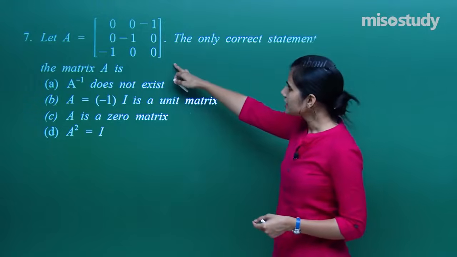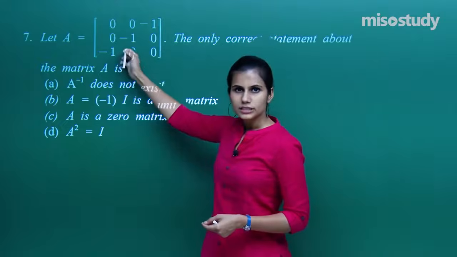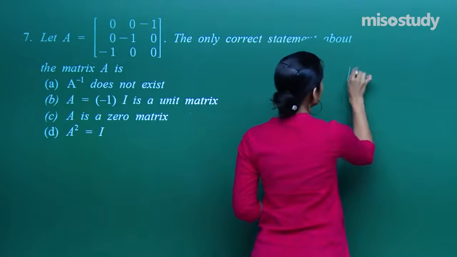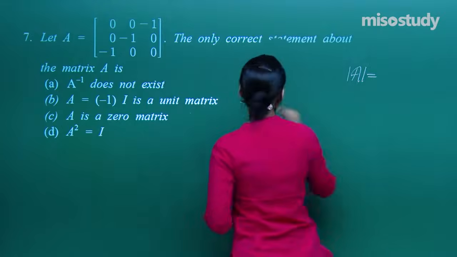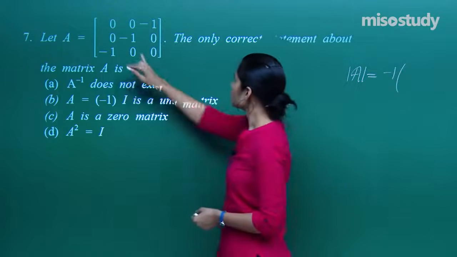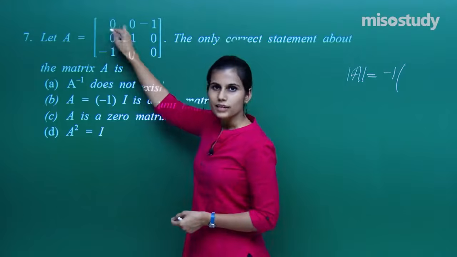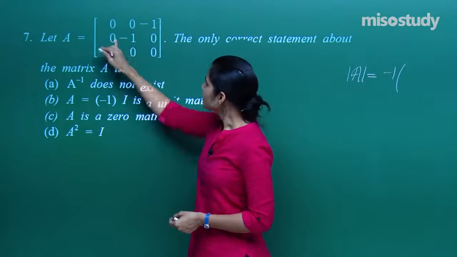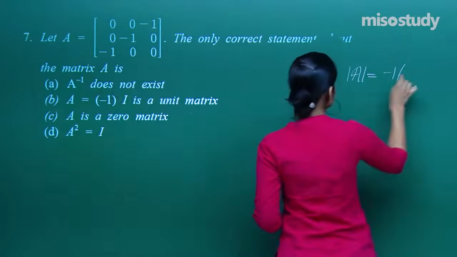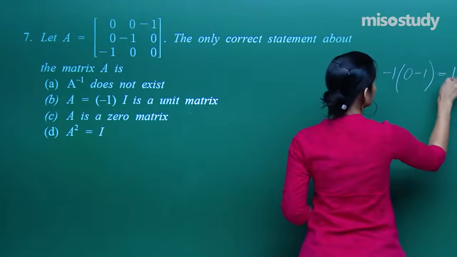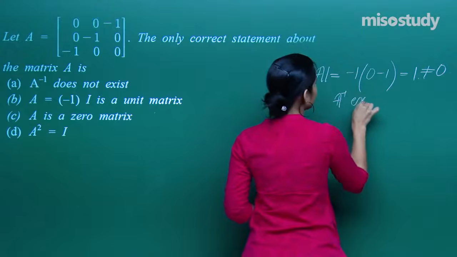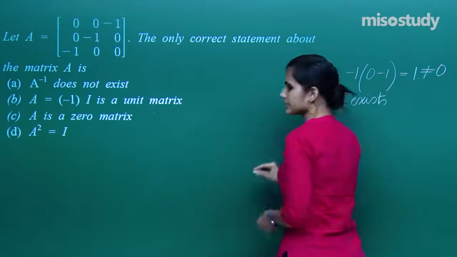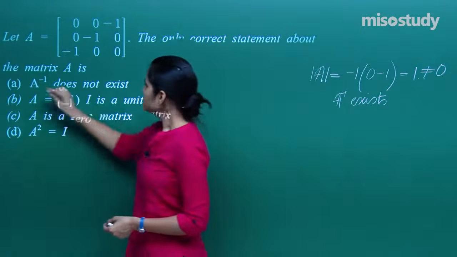So here if you can see very easily, if I take out the determinant, expanding along the first row, it is going to come out to be just minus 1, 0, minus 1, because these two components are 0, which is 1, not equal to 0. So I can definitely say A inverse exists. And so this is wrong.